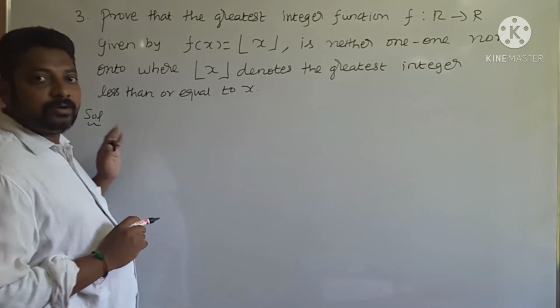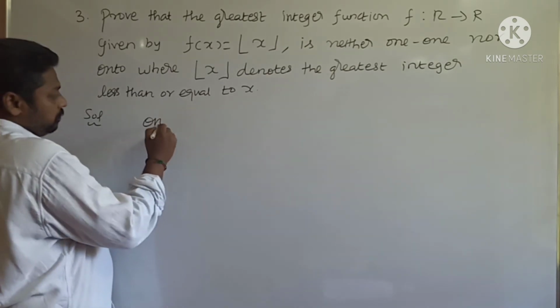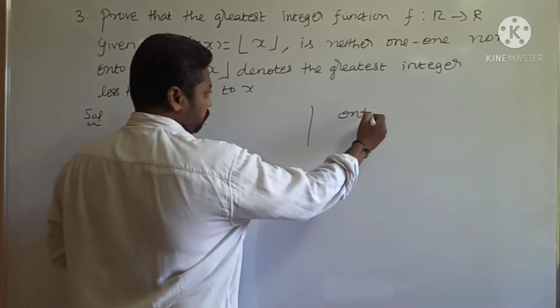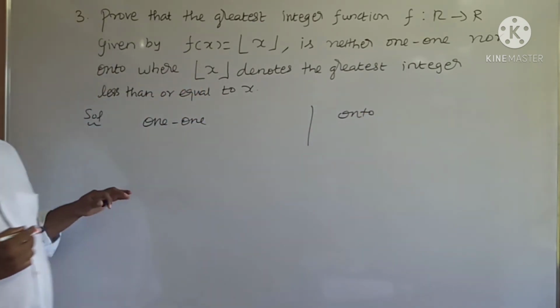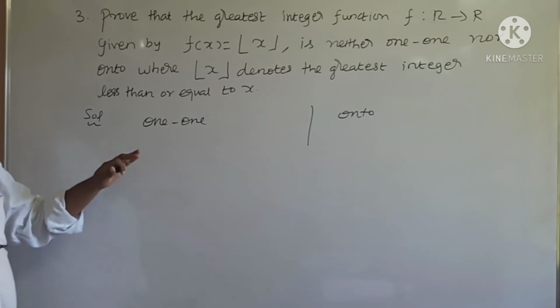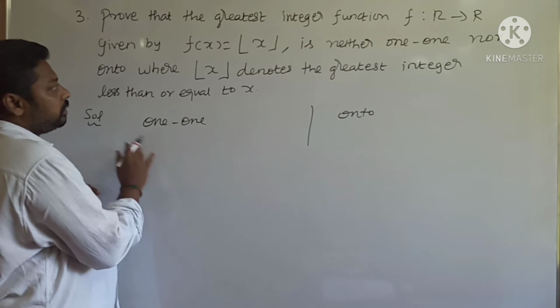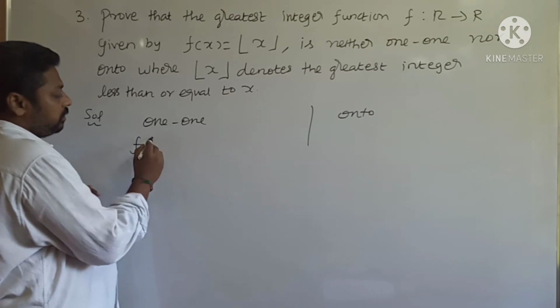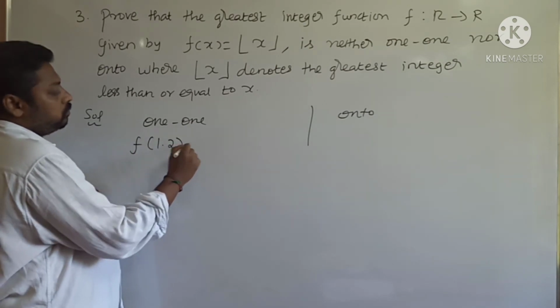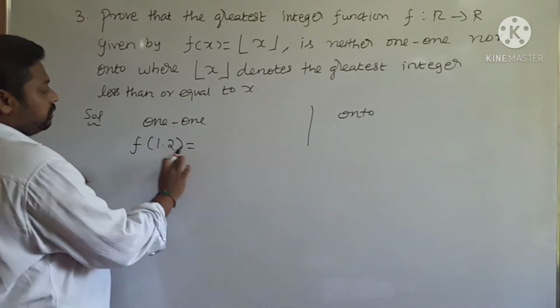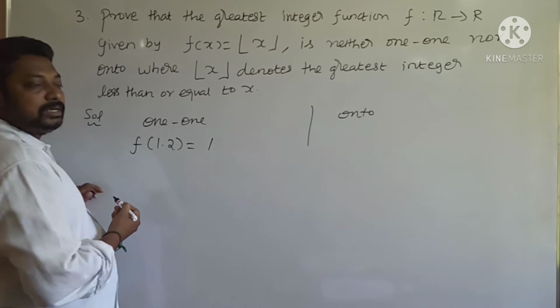Now we will check for 1 to 1. So what is 1 to 1? If f(x) equals f(y), then x should be equal to y. We will take some value like f(1.2). It should be less than or equal to x, so the nearest integer is 1.